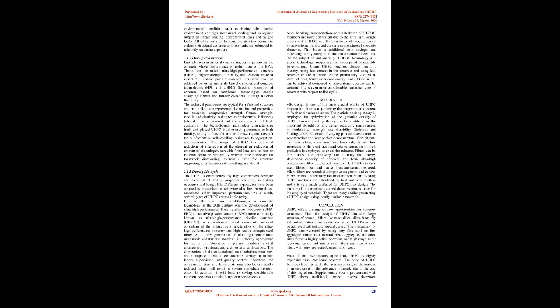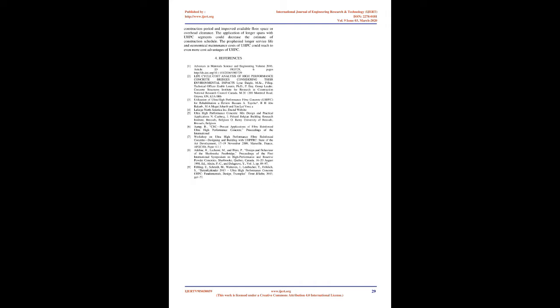The elimination of the conventional steel reinforcement bars and stirrups can lead to considerable savings in human labors, supervision, and quality control. Therefore, the construction time and labor costs may also be drastically reduced, which will result in saving immediate project costs. In addition, it will lead to saving considerable maintenance costs and also long-term service costs.